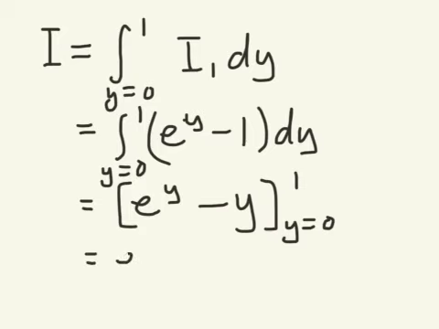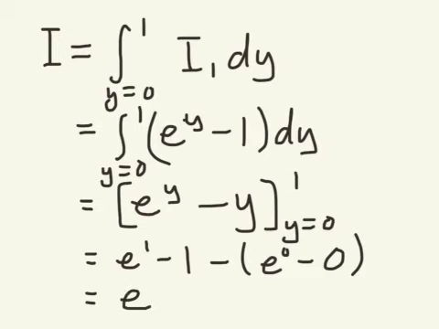Then we can put the values in. We get e to the 1 minus 1, minus e to the 0 minus 0. And we can simplify that to e, or e to the 1, minus 2.